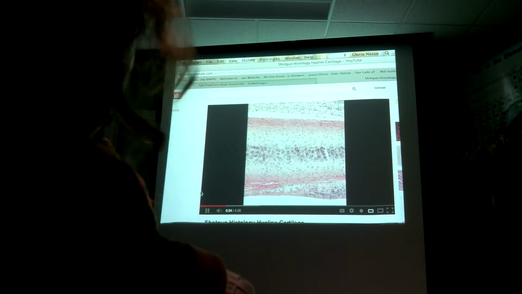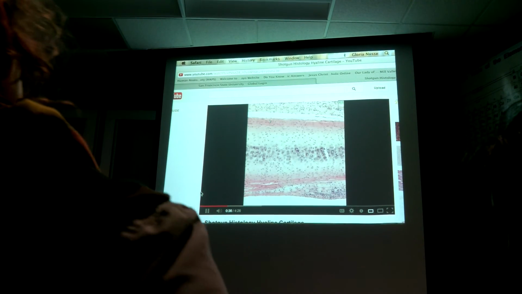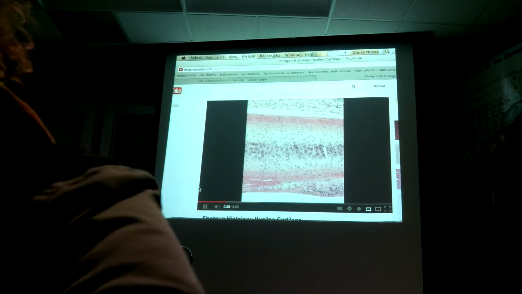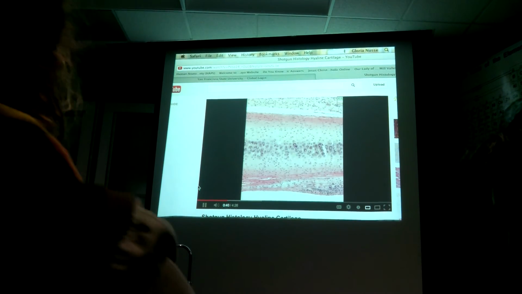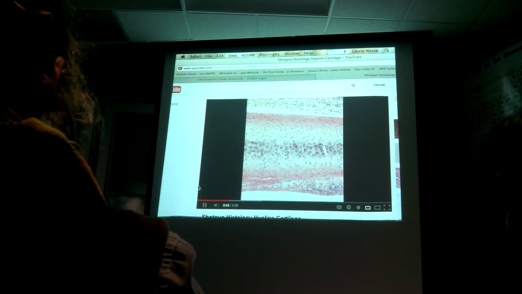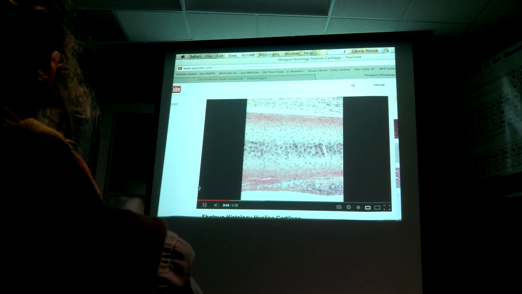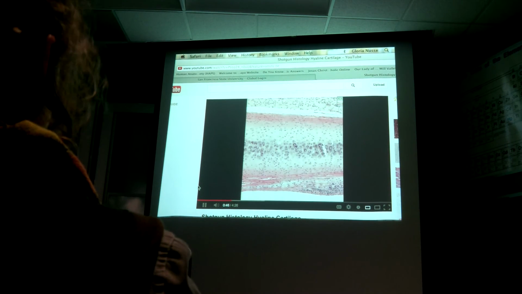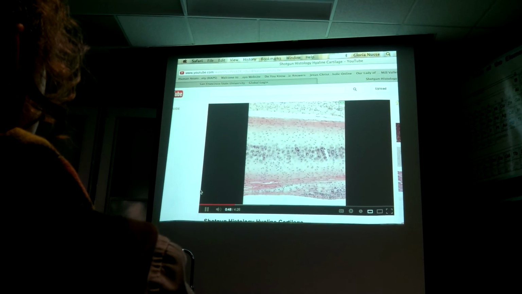Which means if you look at the edge of cartilage, you will have a harder time finding the lacunae, and the cells may look a little more spindly. These are the so-called chondroblasts, and they really don't look much like anything. You'd probably believe they were a fibroblast in any other type of setting.